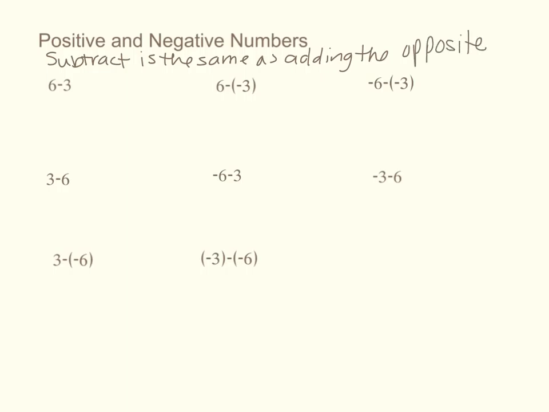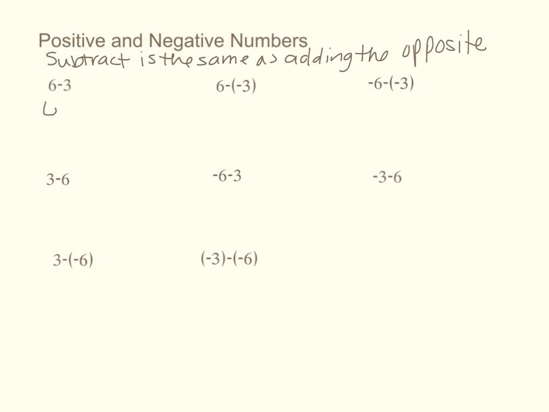So when you have a subtraction problem, I want you to turn it into an addition problem, because really what you're doing is you're isolating the numbers and you're really just adding them. So if I were to rewrite this one as an addition problem, this is what it would look like.